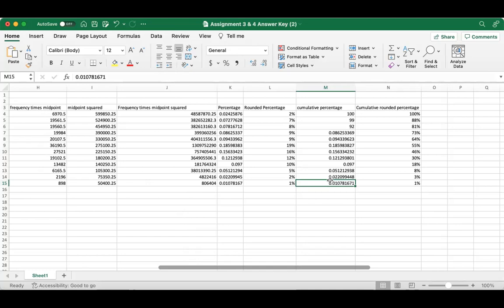And then this one, I'm adding to that percentage, and this one to that percentage, all the way up. Because we're dealing with non-rounded decimals, that's why we end up at exactly 100. We're going to have a problem in a moment with the rounding, but I'm going to show you what the rule is to deal with that.